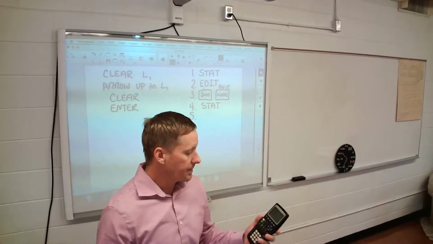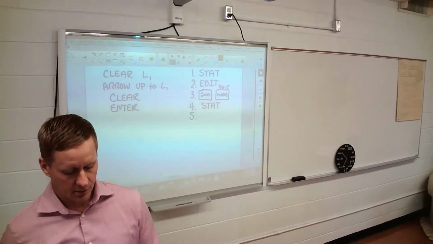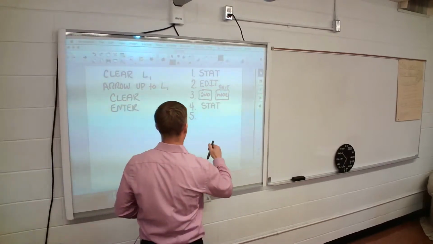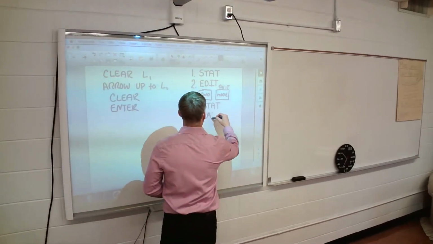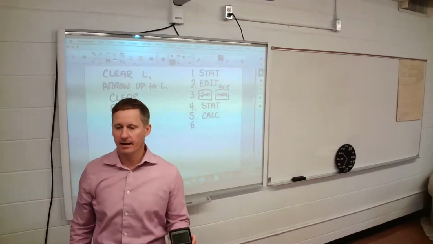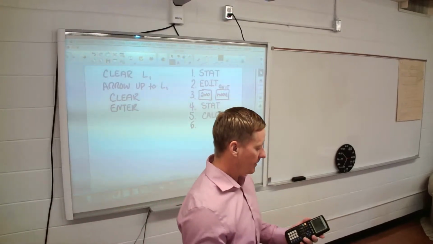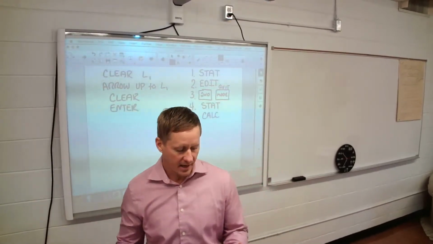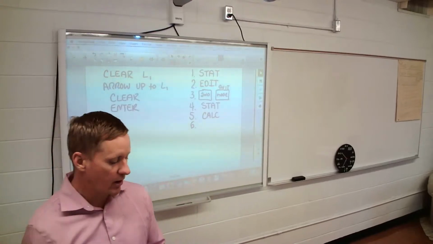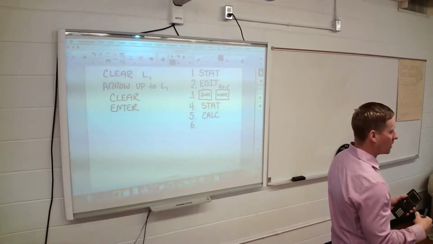Okay, now I got to go over 1 to calculate. So I've got to click on calc. Number 6. Now, here's the thing. You've got a list of commands there: var stats, var 2 var stats, median, linear regression, quadratic regression, cubic regression, quartic regression, and so on.